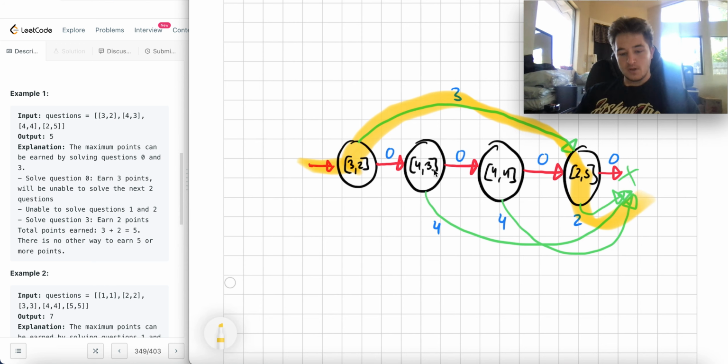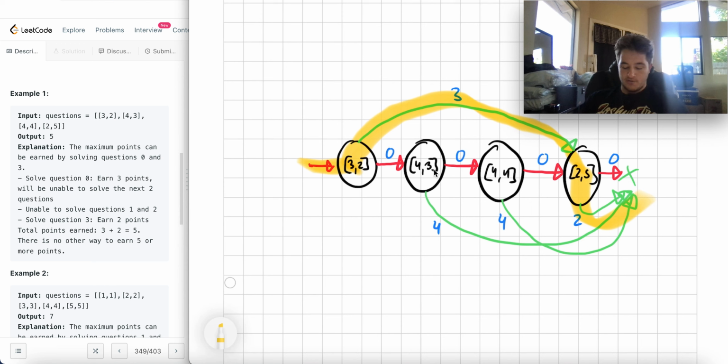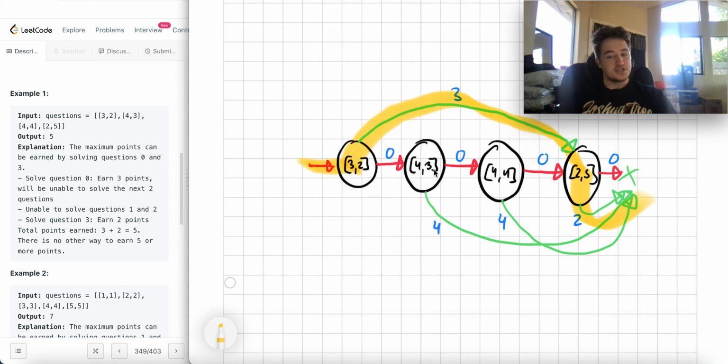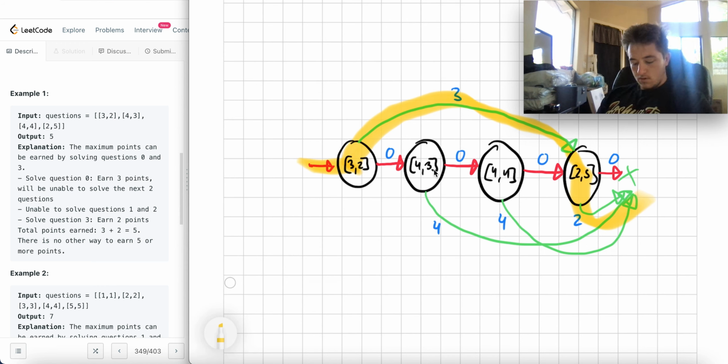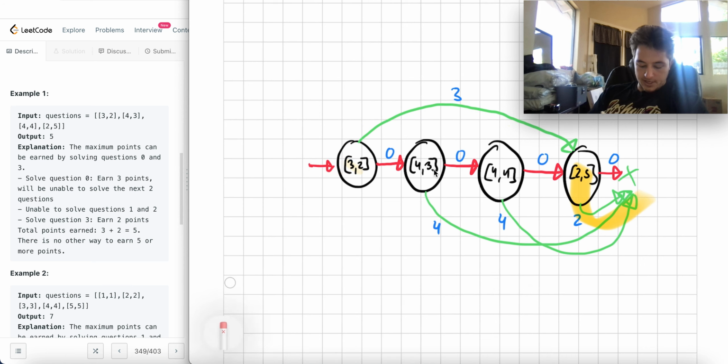So how is this going to work? This is dynamic programming for sure, because we have this directed acyclic graph, and we have to determine if it's optimal to take a question or to skip it. So for any point, let's just say this graph was bigger.